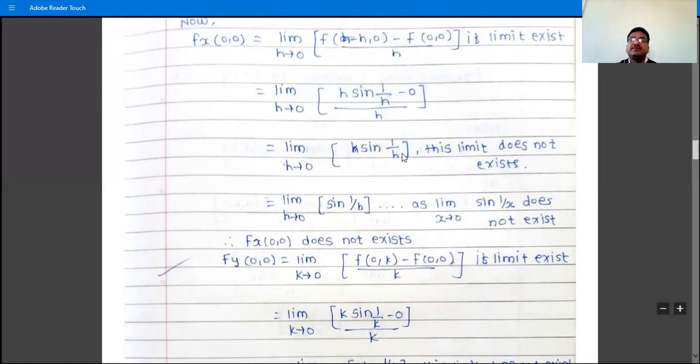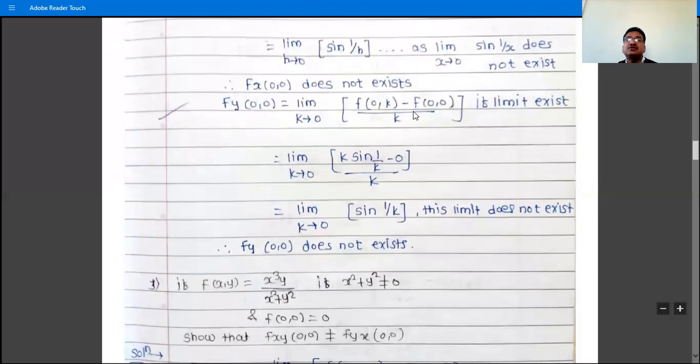We already observed in S.Y.B.Sc that it does not exist. This is a problem from S.Y.B.Sc. So this limit does not exist, and therefore fx 0, 0 does not exist.